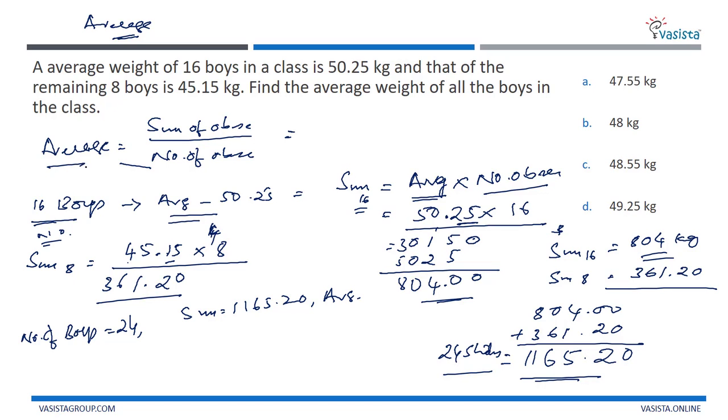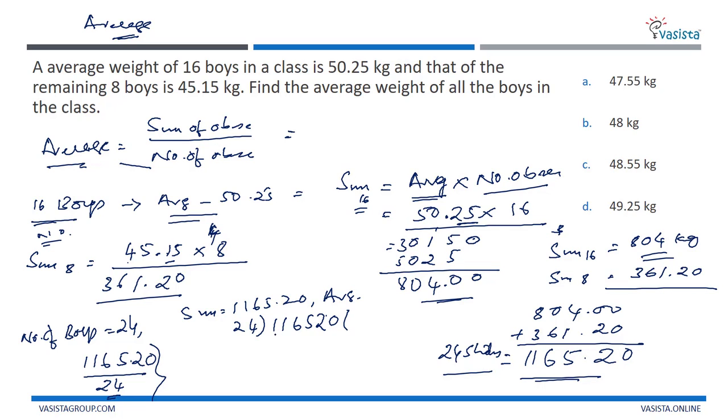Average is equal to sum of observation divided by number of observation. Sum of observation is 1165.20, divided by 24. Now you need to divide this. You know how to divide. Forget the decimal for now, we will put 1165.20 divided by 24.